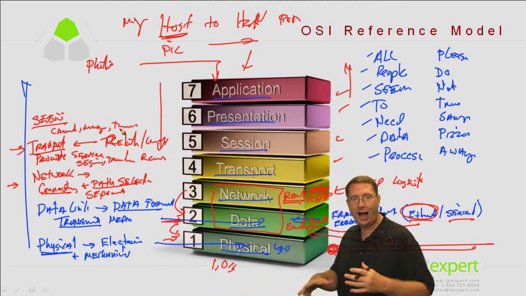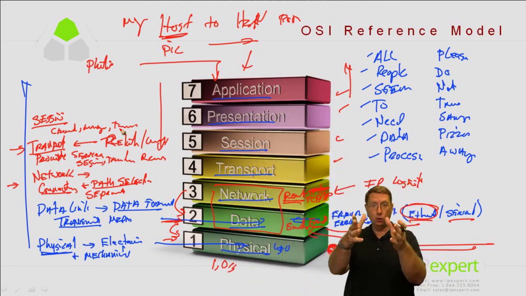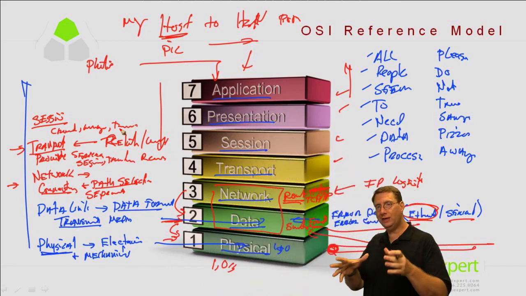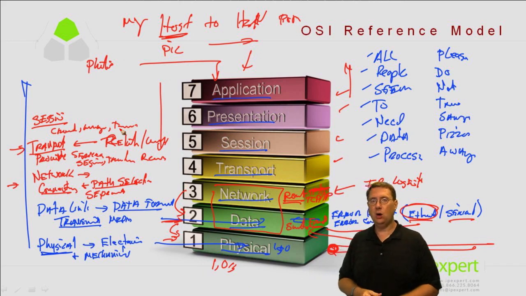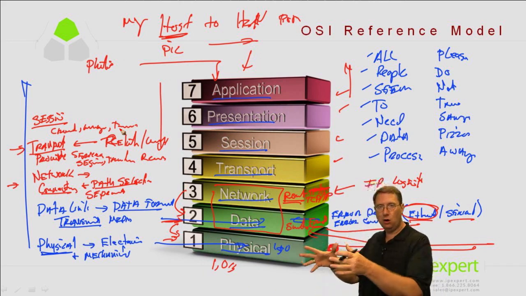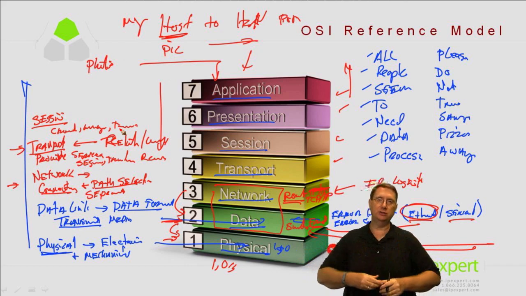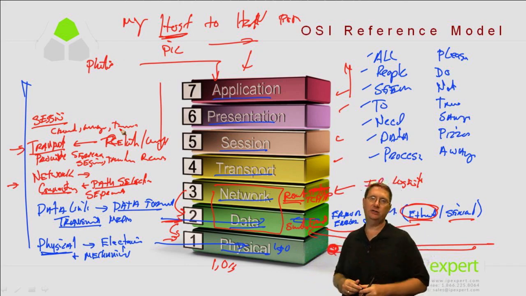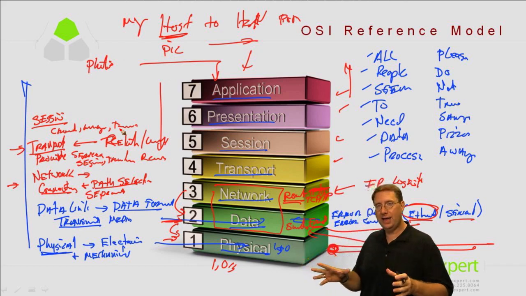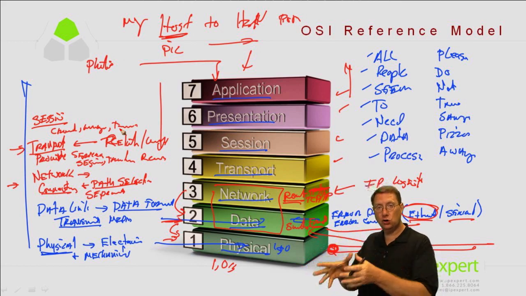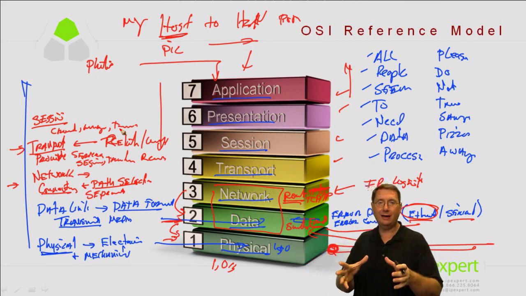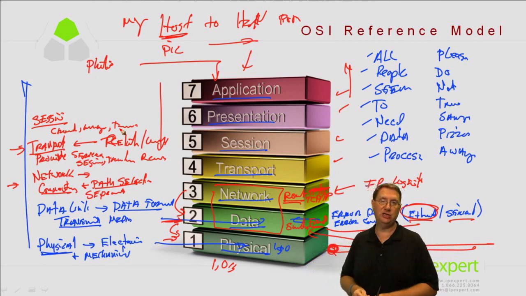So let's imagine I'm connected to a web server and you're connected to a web server. We're both looking at different images. I want to look at the image of the race car. You want to look at the image of the Sports Illustrated model that was sitting on the race car. The server is going to have to keep track of who has to see what image.